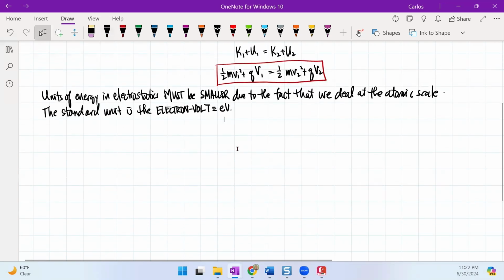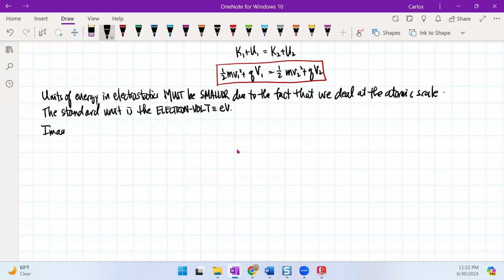To get a sense of what an electron volt is, imagine the energy of a test particle or test charge, in other words, plus e, between two parallel plates.